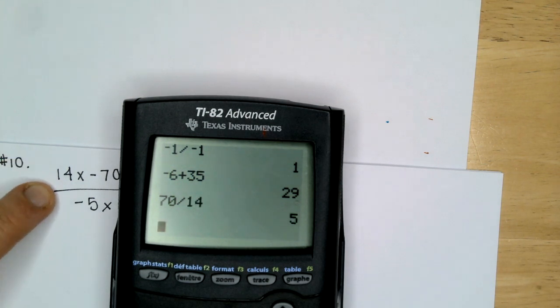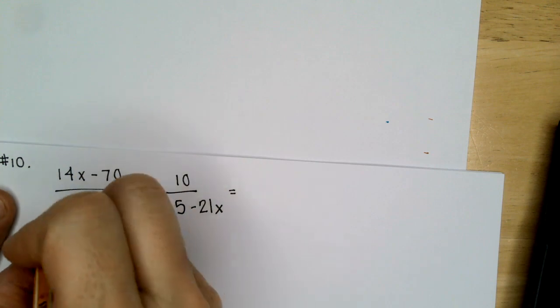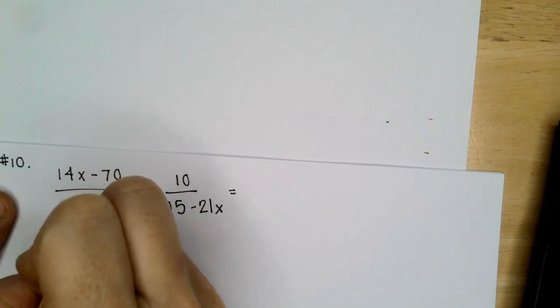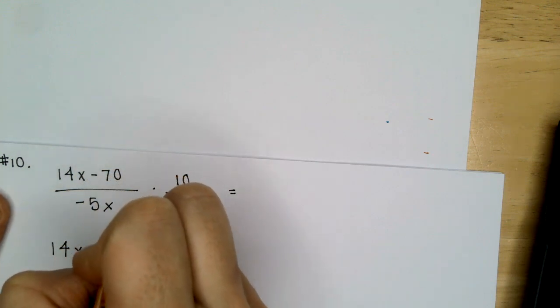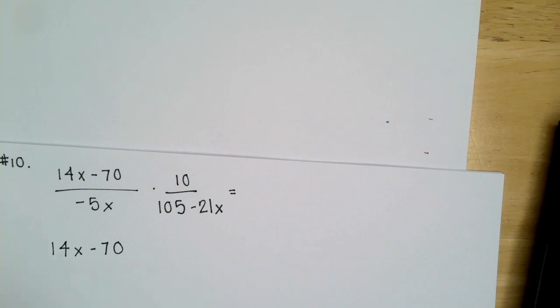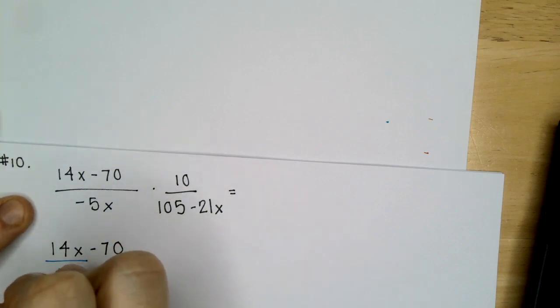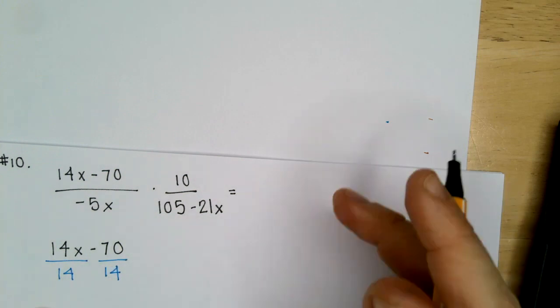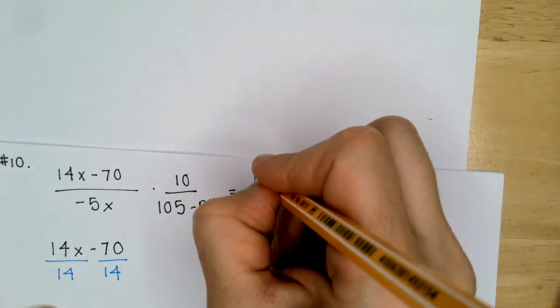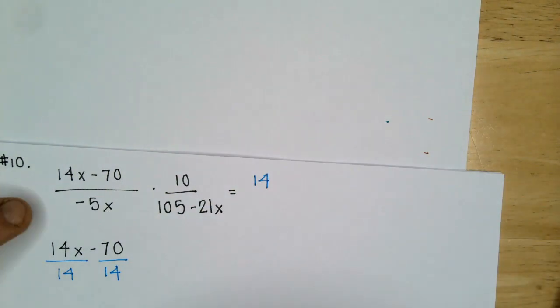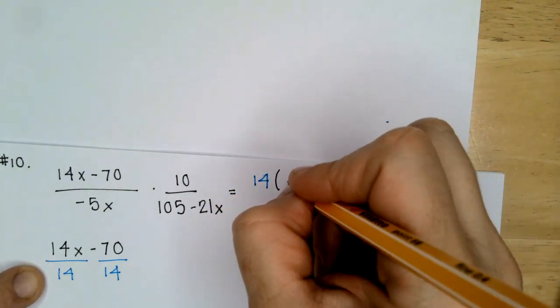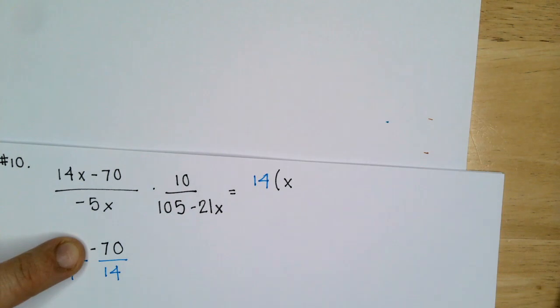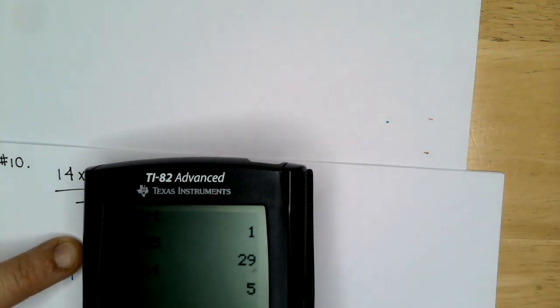Because if so, then I can take both of those terms and divide them by 14, right? So that will become 14 times x, since 14x divided by 14 is just x. Negative 70 divided by 14 we said is negative 5.